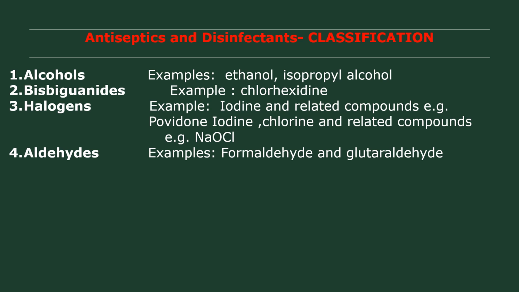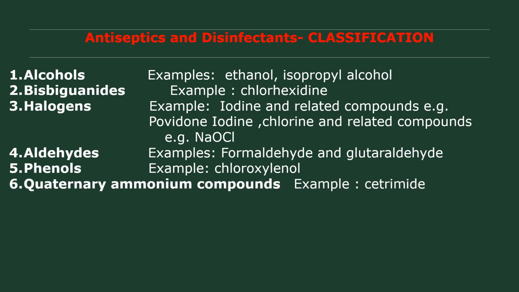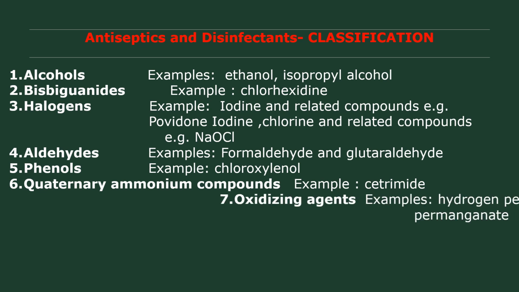We have aldehydes. The one that is commonly used is glutaraldehyde, phenols, for example, chloroxylenol, commonly known as Dettol. We have quaternary ammonium compounds, an example being cetrimide. The other example is benzalkonium chloride.